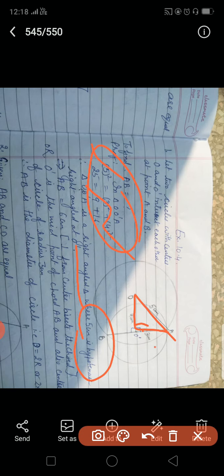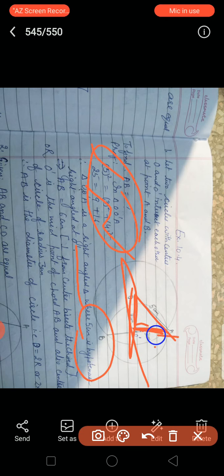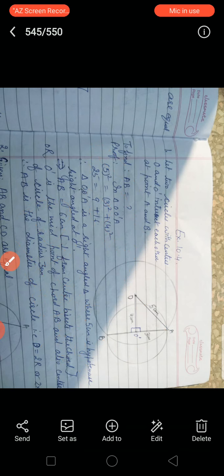And we know that this is 3 centimeter and it is the bisector also, so double of the 3 is 6 centimeter. So we can find here AB is double of O dash A, that is 6 centimeter, right?